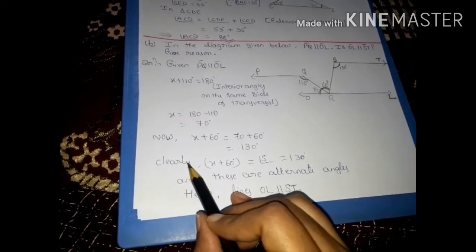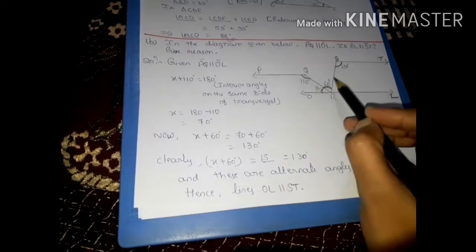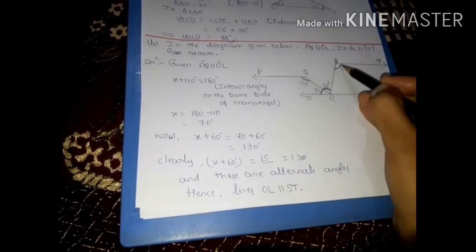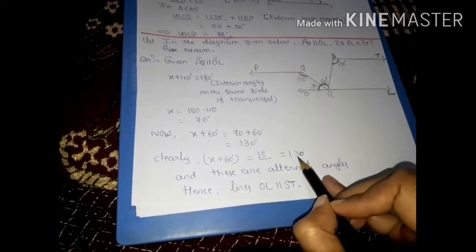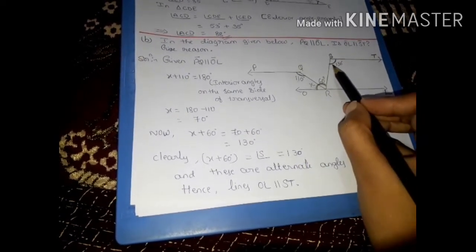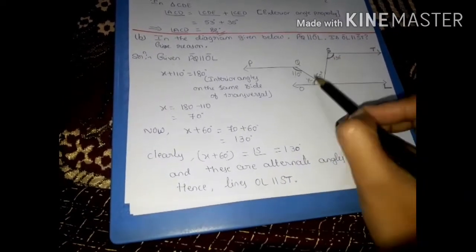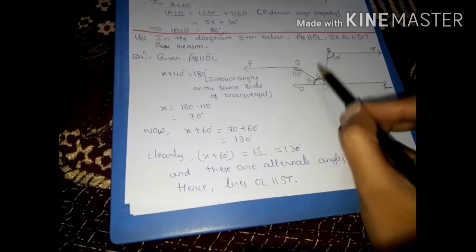So clearly X plus 60 degree is equal to angle S. The sum of these two angles we got 130 degree, and angle S is also given already as 130 degree. And these are what type of angles? Alternate interior angles.